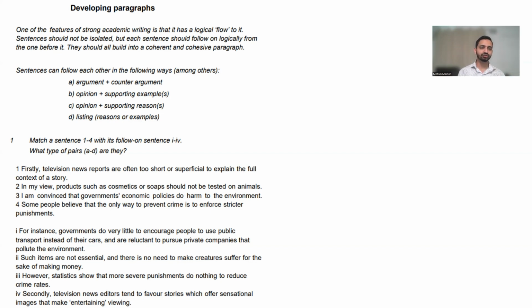So what I want you to do in this one is match sentences 1 to 4 with their follow-on sentence. So when you write this sentence, which sentence do you think should come after it? Okay, follow-on sentence. So you have to match sentences 1 to 4 to Roman numerals 1 to 4 as well.